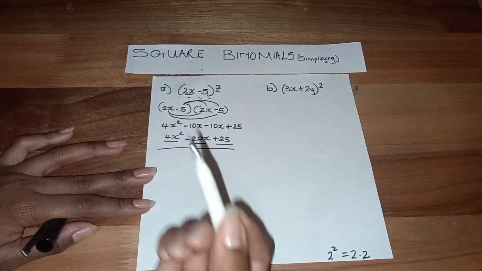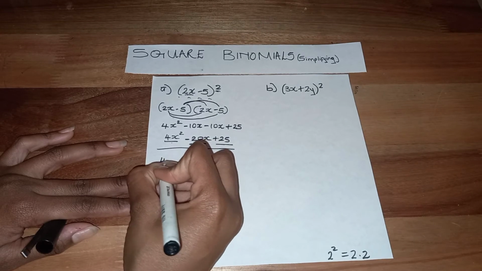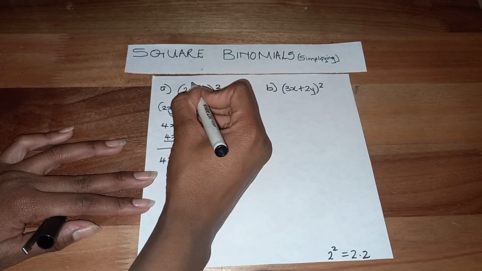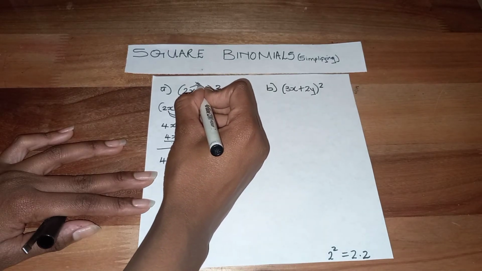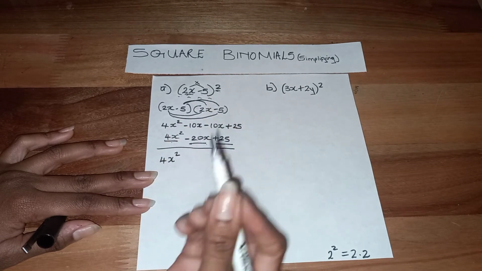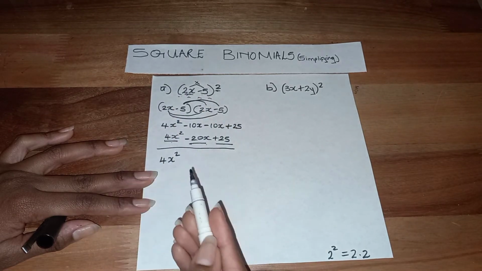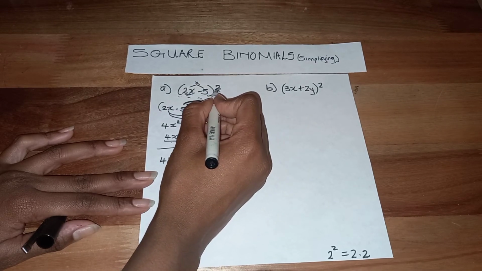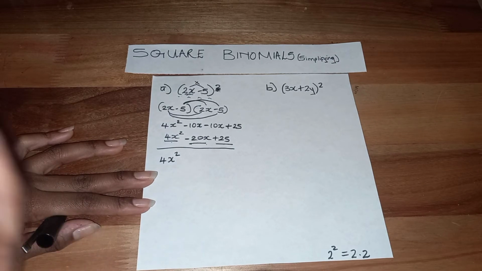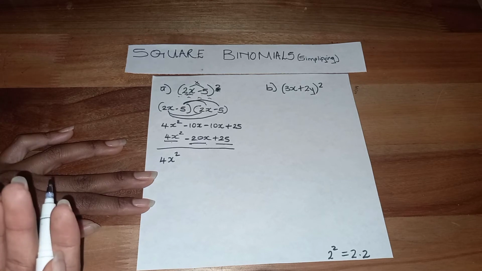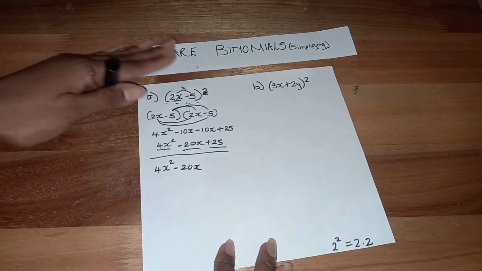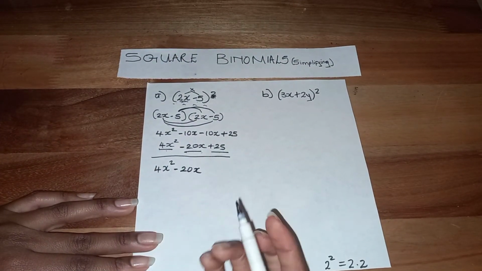So a quicker way to get to this answer is to first square the first term. You first square 2x, which will give you 4x squared, and then secondly you multiply these two terms in the brackets, which will give you -10x, and then you multiply the answer again by 2. So 2x multiplied by -5 gives you -10x, multiplied by 2 is -20x, and then lastly you square the last term.